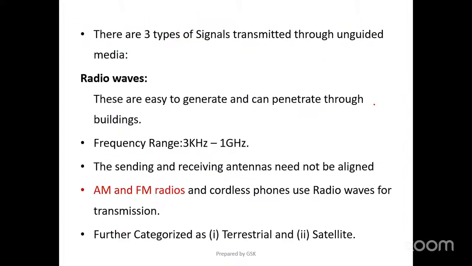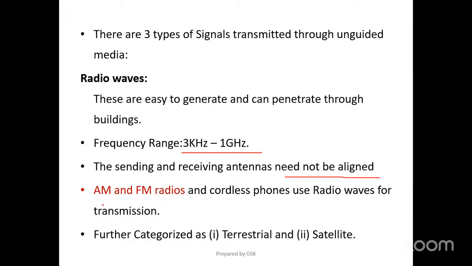Now, there are three types of waves transmitted in the unguided media. First, radio waves. These are easy to generate and can penetrate through buildings. The frequency range of radio waves is 3 kilohertz to 1 gigahertz. Sending and receiving antennas need not be aligned.